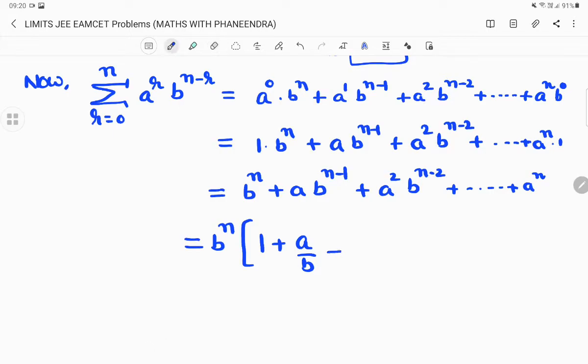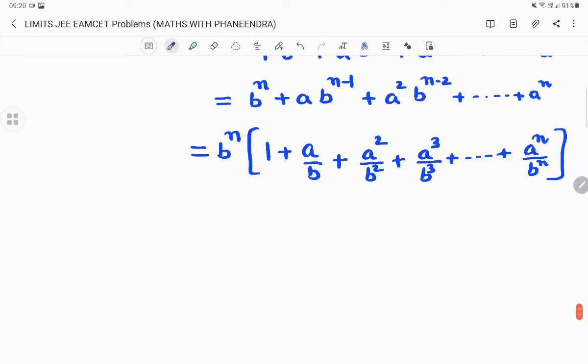So plus, similarly you will get a square by b square plus a cube by b cube plus and so on, a power n by b power n.